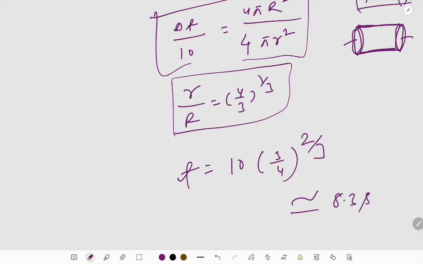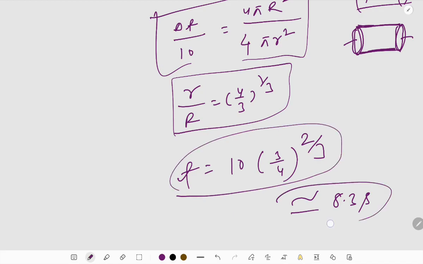In case you want to match your answer, this is the answer given, in seconds. It is an expression, not exact, but this must be close to 8.3 seconds. So this problem is also solved. So thank you very much for watching.